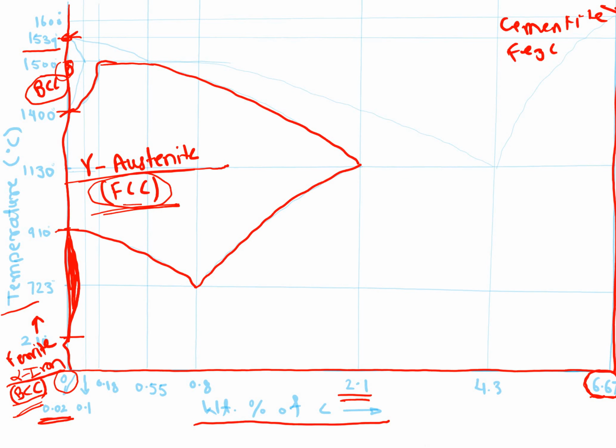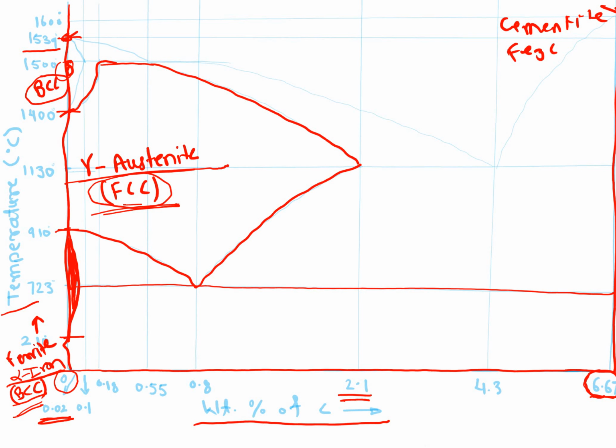Phase transformation of austenite steel is very important because mostly the steels which we use are austenite, and for the same steel we go for heat treatment. So take note of the temperature at which phase transformation occurs, that means this temperature range.